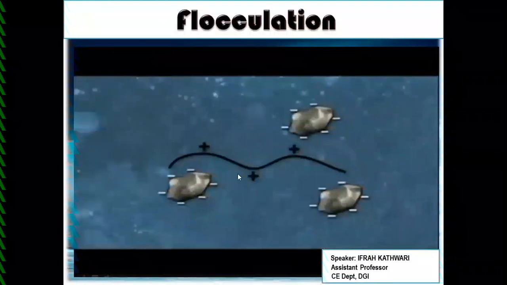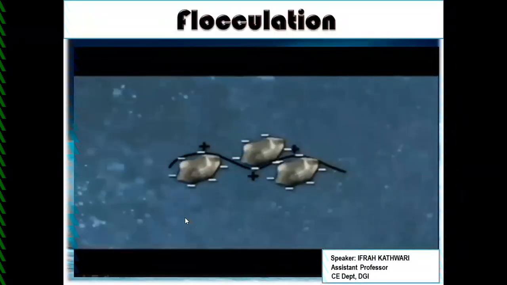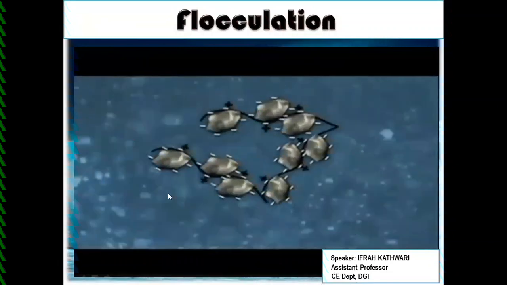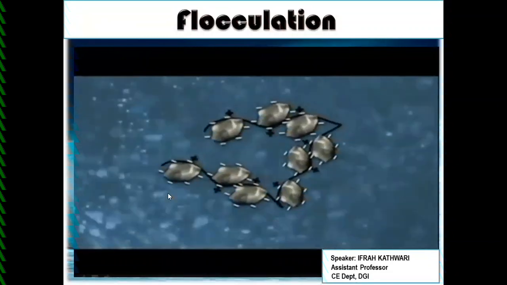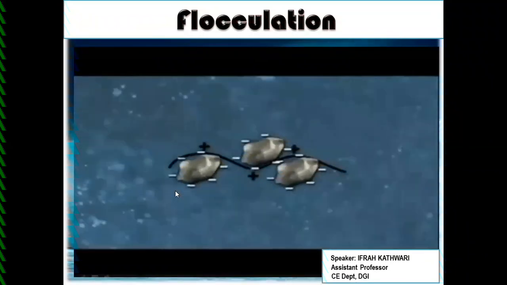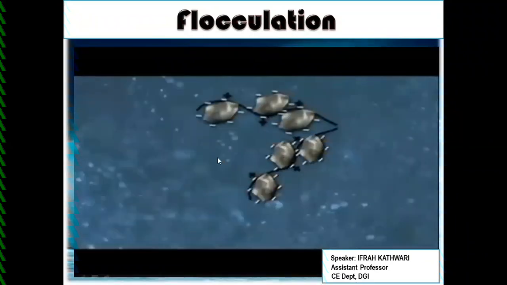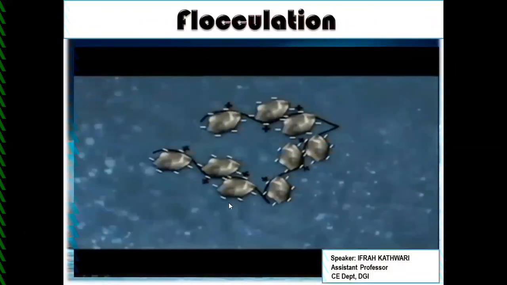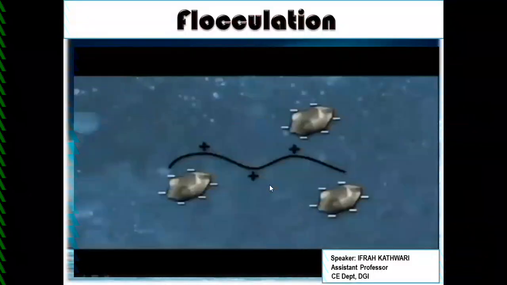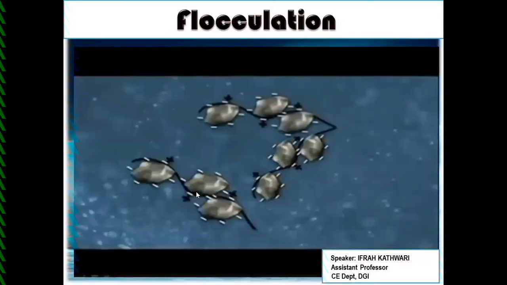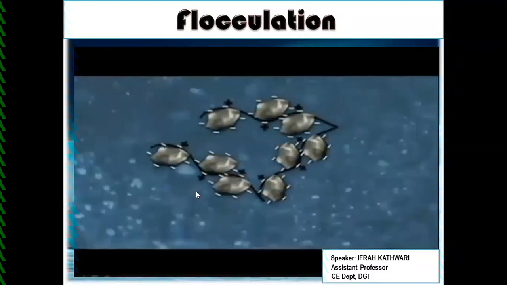Okay, this is something which happens in flocculation. As you can see, these are all negatively charged, and these coagulants that we use act as a bridge of positive charge, and they neutralize with it. They are attracting each other in this process and forming a bridge, thereby forming a large fragment.